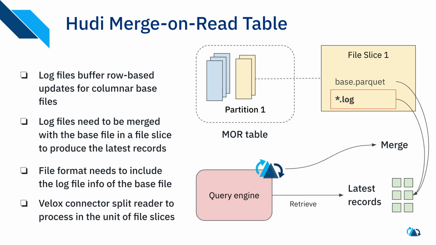More specifically, a connector split reader in Velox should be able to use Hudi APIs to read file slices effectively. This highlights a broader need for a cross-ecosystem solution. For various engines to integrate smoothly with Hudi, we need a common standard API for reading file slices.